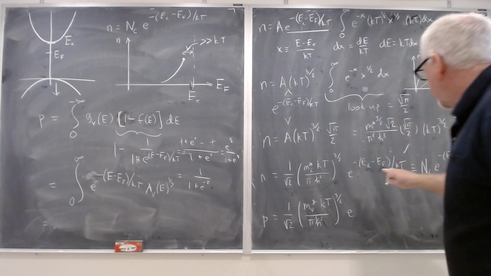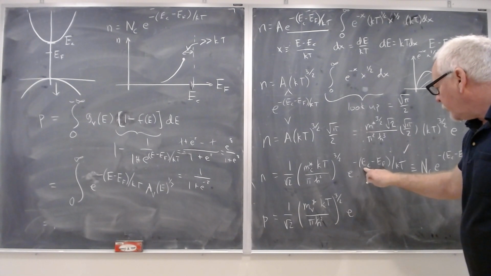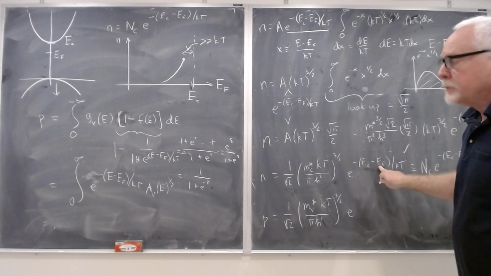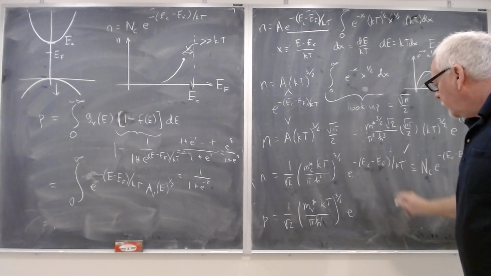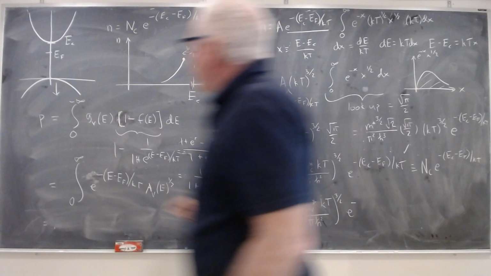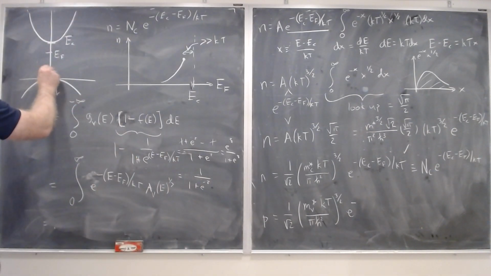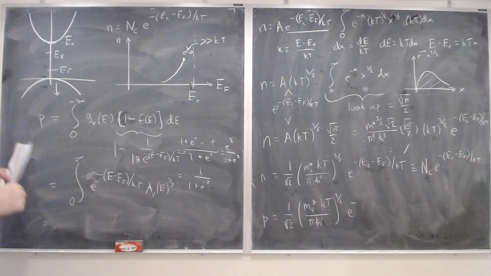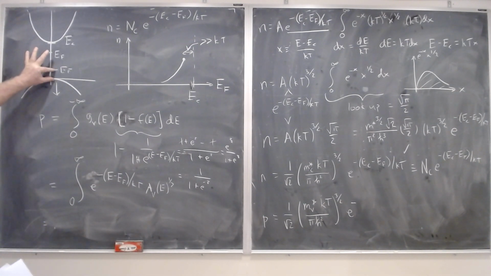I still want to do my convention. Remember, when I did this, I wrote EC minus EF because that's a positive quantity. I want to do the same thing here, but now let's say EF moves down to there. I'm making it p-type. I want this to be my positive quantity.